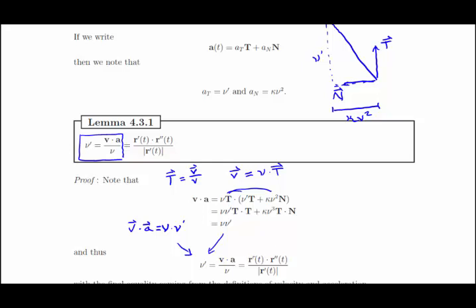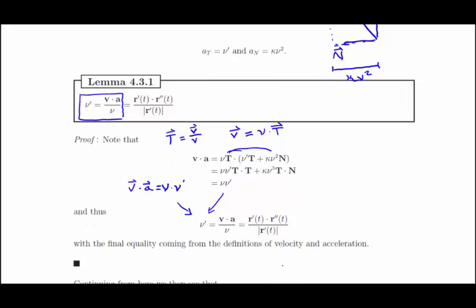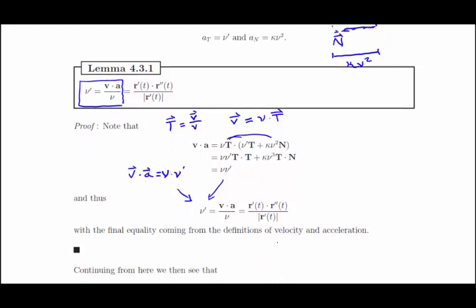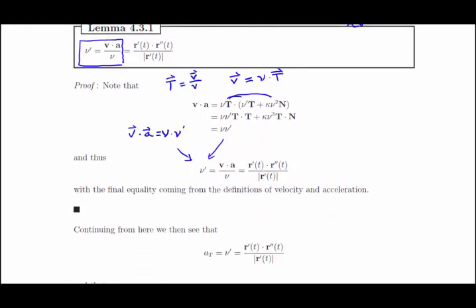That is r prime of t. The acceleration function is r double prime of t. And then again, little v is the magnitude of r prime of t. So that proves our little lemma, and that allows us to quickly come up with the tangent component for the acceleration. Little v prime equals r prime of t times r double prime of t over the magnitude of r prime of t.